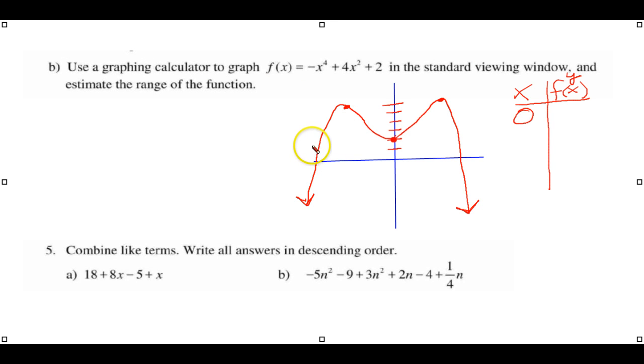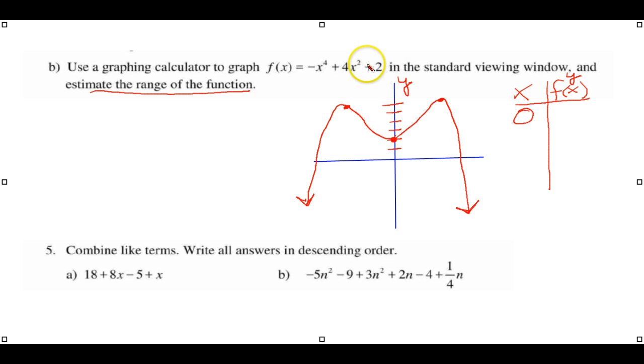Now you may not have a graphing calculator, so what I've done is made a very crude sketch of this. This is what your screen would look like. And they're asking you to estimate the range of the function. Again, this would be y values.